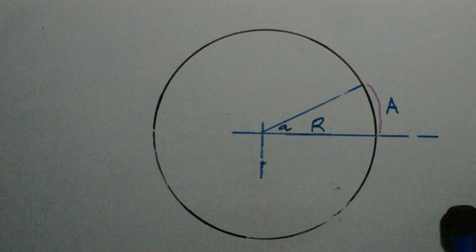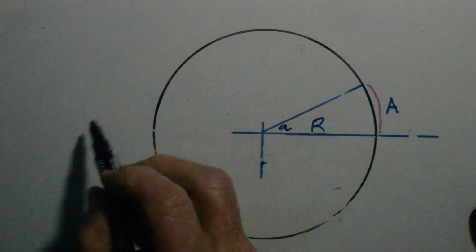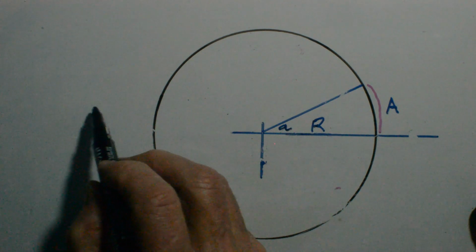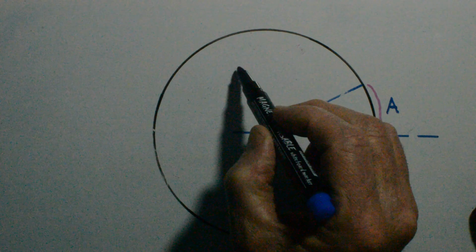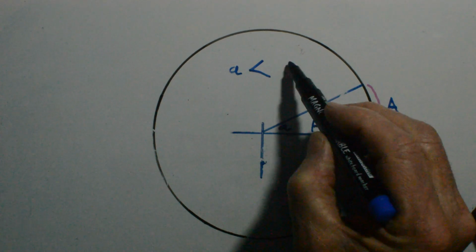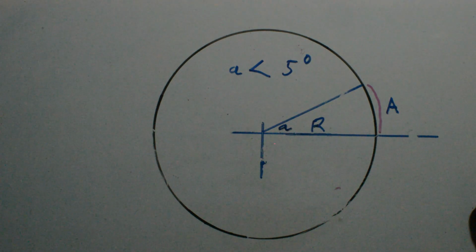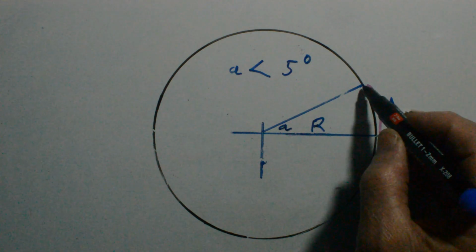Now, one nice thing about this, if a is less than 5 degrees, this also works pretty well for the chord.